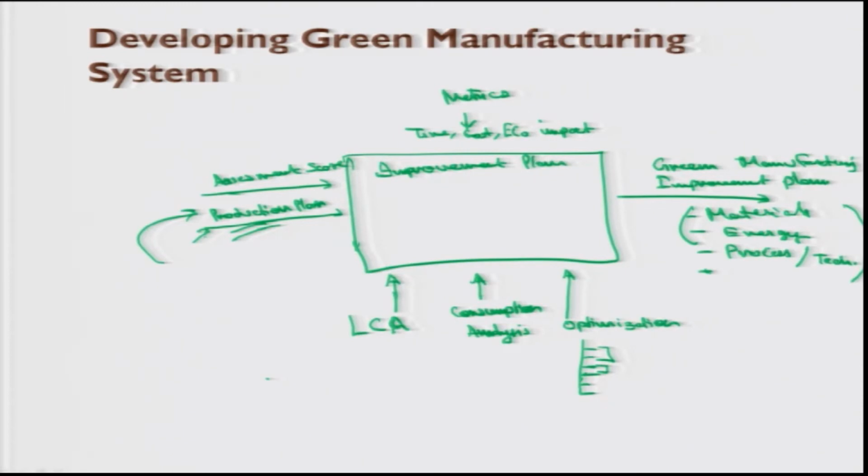Planning should be carried out at the operational level, machine level, process level, system level, at all the levels. Quantitative action items with regard to material, energy, and other consumption, other processes, and final technology implementation and improvement plan are required here.